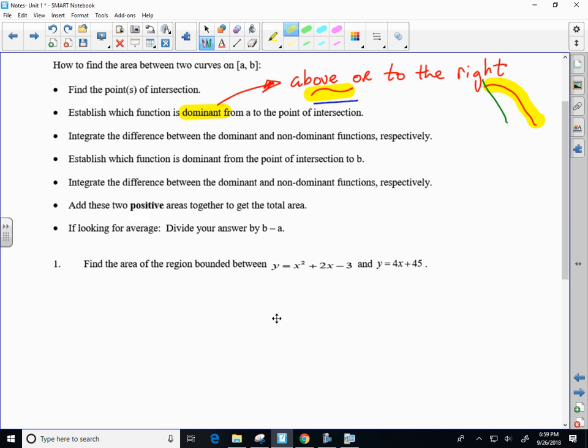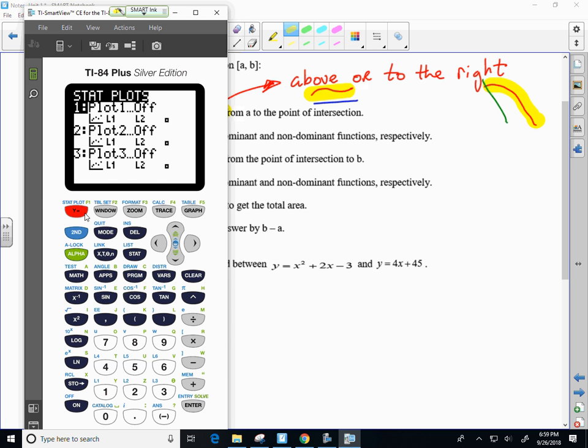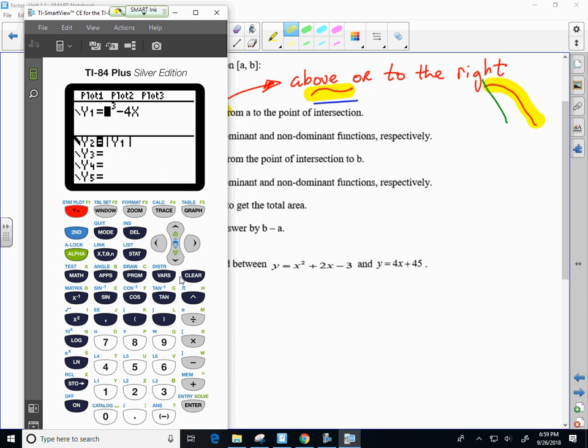So let's take a look at example 1 here. Find the area of the region bounded between these two equations. You pop it in the calculator to get a sense.